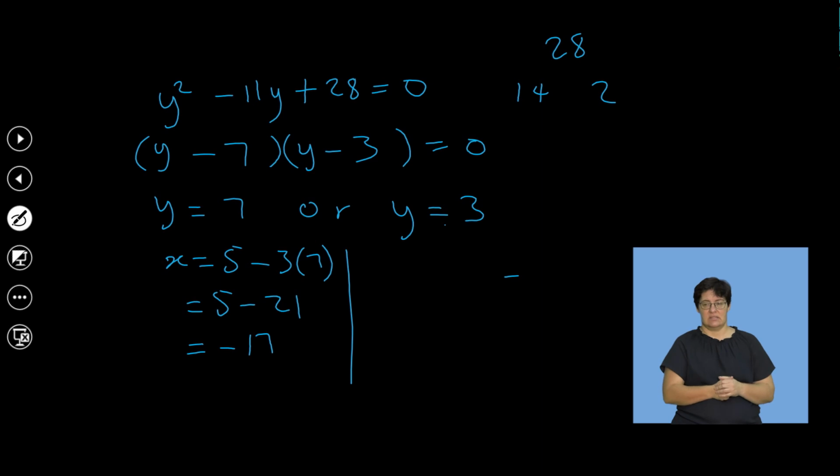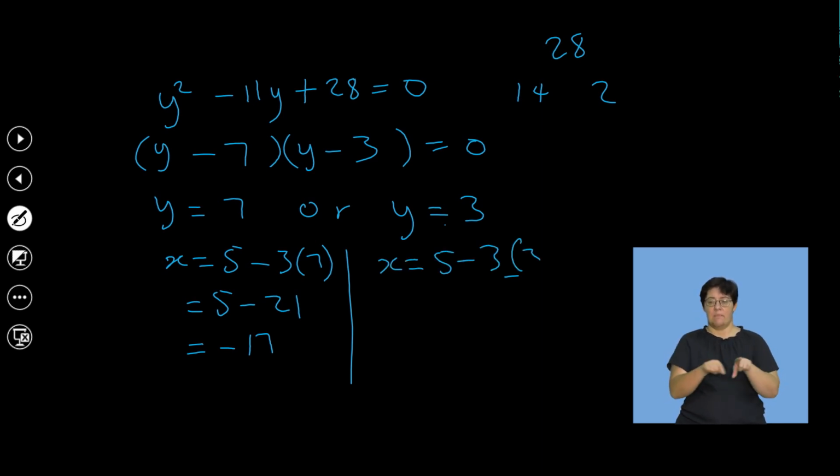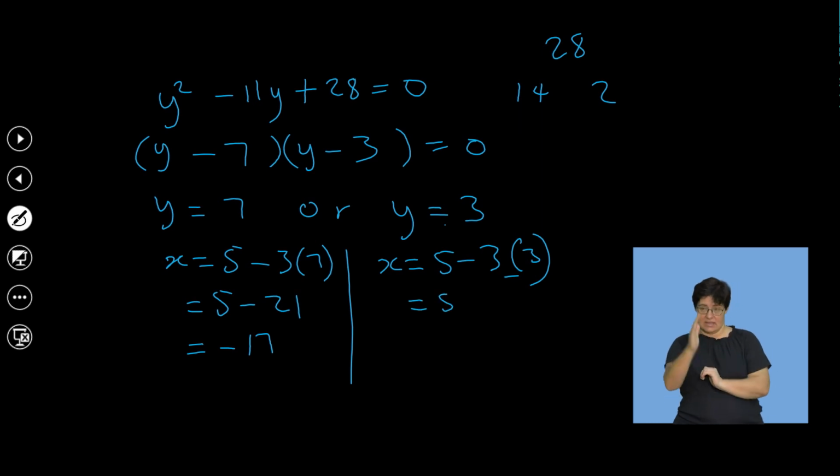And then here it will be x is equal to 5 minus 3 by 3, and then it will be 5 minus 9, and this will be equal to negative 4, right? So let's just verify quickly. This is actually 16, not 17, so this is 16.